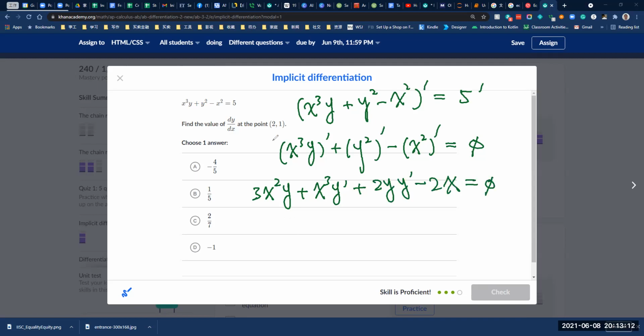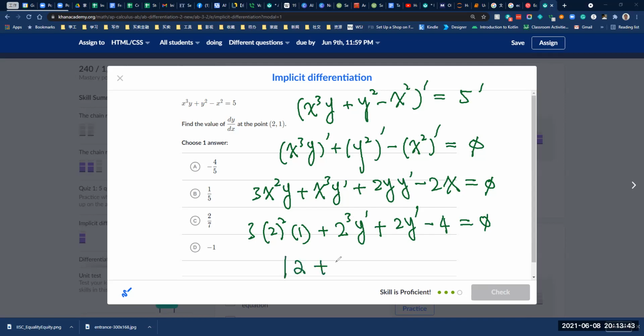Now we can just plug in a number. So x is 2. So we get 3 times 2 squared, and y is 1. And plus 2 to the third y prime plus 2y, y is 1, so it's 2y prime, minus x is 2, so it's 4, equal to 0. So 2 squared is 4, 4 times 3 is 12.